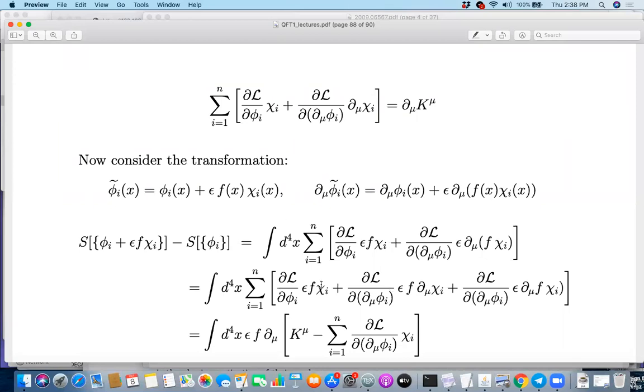You see that in the combination del L del phi I times epsilon f, once you take epsilon f common outside, no derivative acts on it, so you can just take epsilon times f outside. You get the combination del L del phi I times chi I, and del L del mu phi I times del mu chi I, which is here. So then this combination is epsilon f times del mu K mu. That's by using this identity.